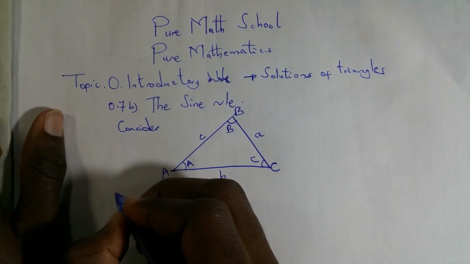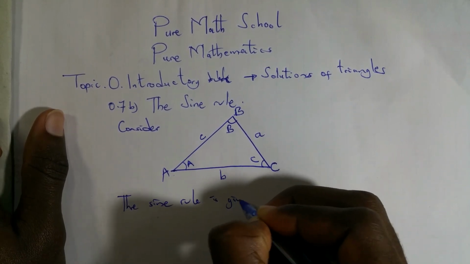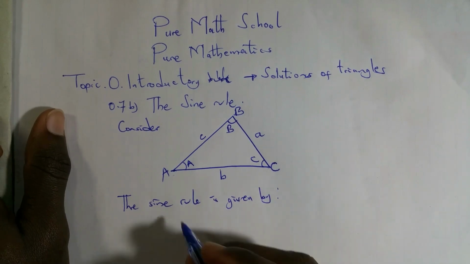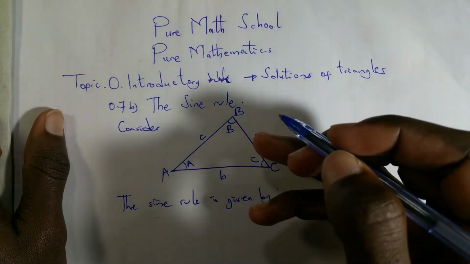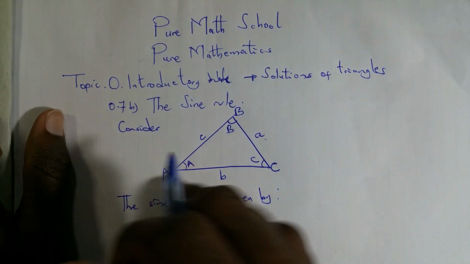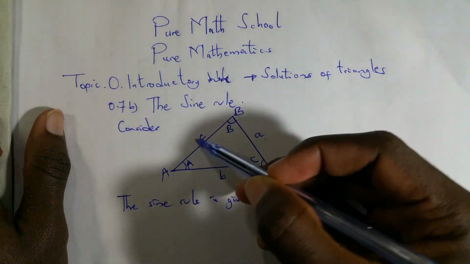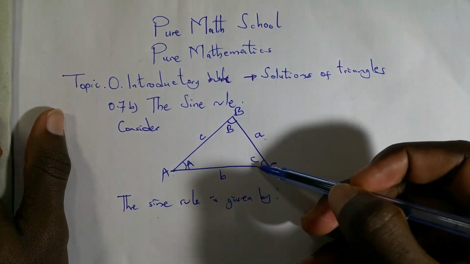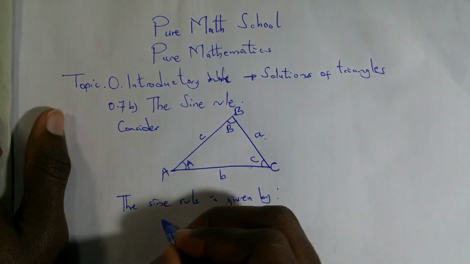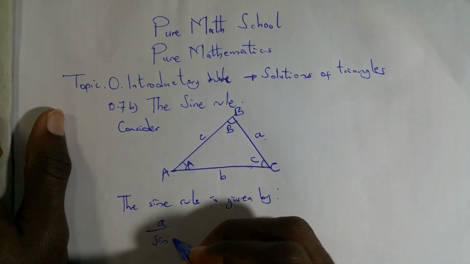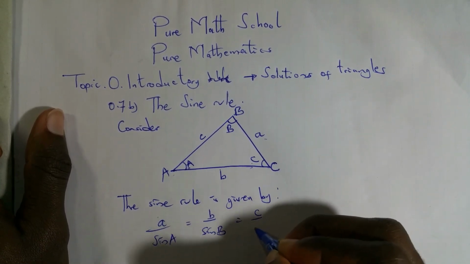So the sine rule is given by this: the length of the side out of the sine of the angle opposite to that side is equal to the length of another side over the sine of the angle opposite to that side as well, and equal to the length of this over the sine of that angle as well, which we can write in simple terms as this: b out of sine b equals c out of sine c.